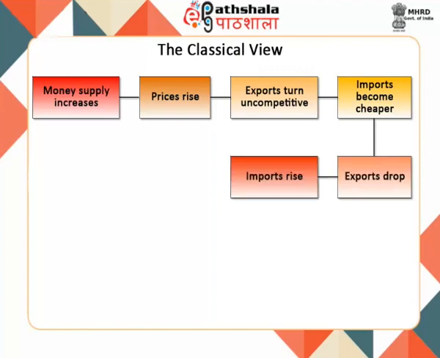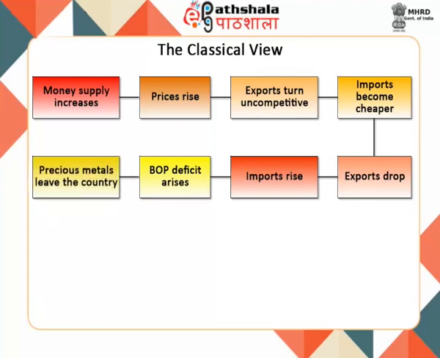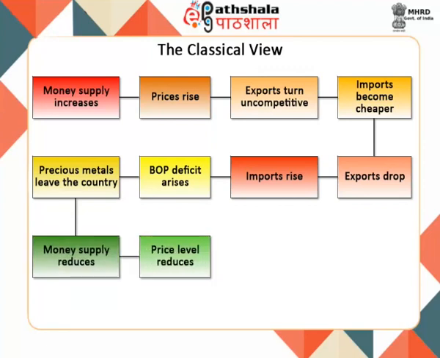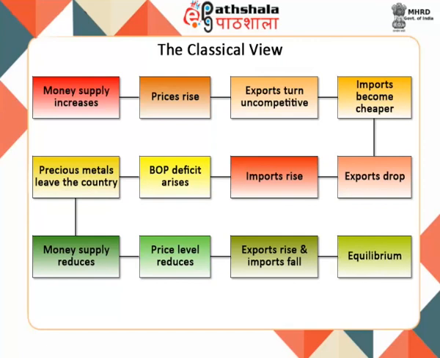With the two events happening, a BOP deficit increases. Thus, in order to finance the imports, precious metals leave the country. This reduces the money supply in the economy, which lowers the price level. Lower prices make exports rise and imports fall, thus correcting the BOP disequilibrium.